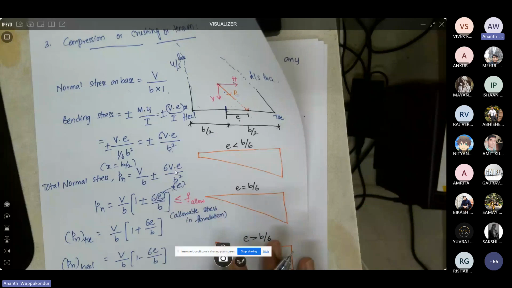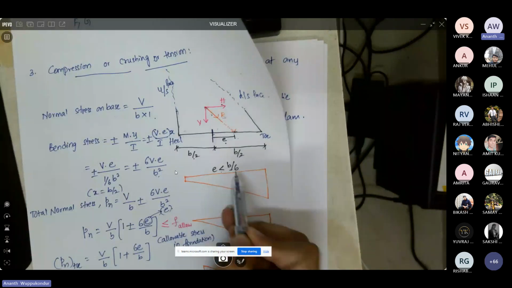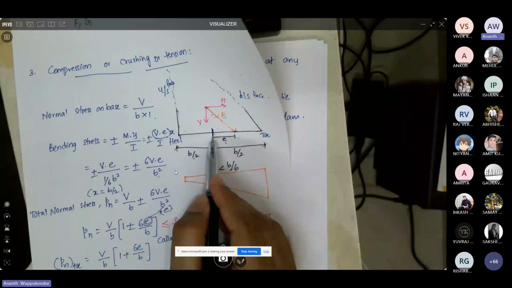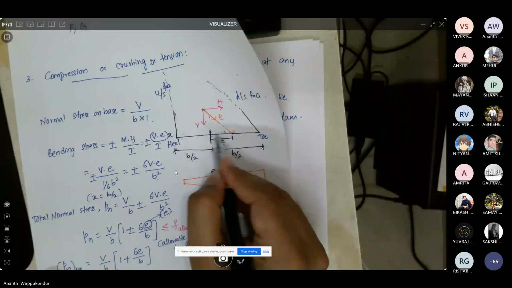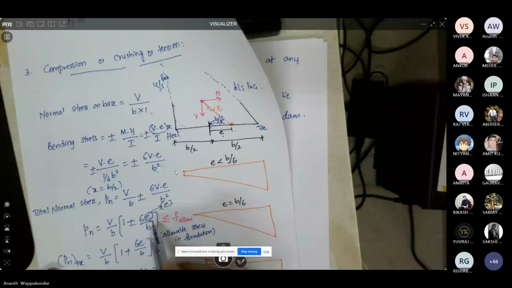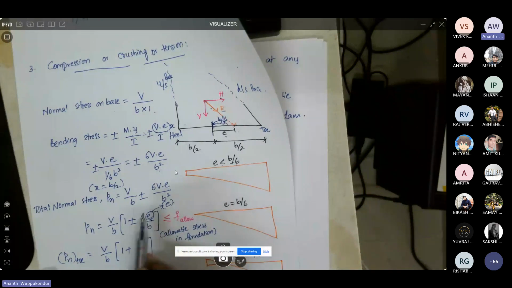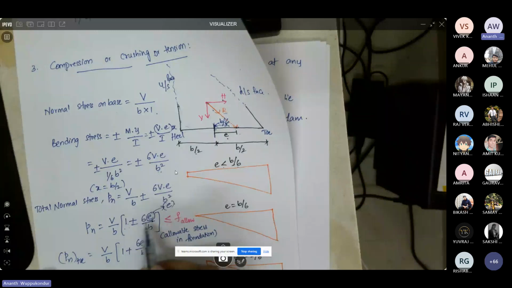Now, in the first case, let us say the eccentricity E is less than B by 6. So this is the center of the dam, and your eccentricity E is less than B by 6. If you substitute E less than B by 6 in this equation, then both 1 plus 6E by B and 1 minus 6E by B would be positive.